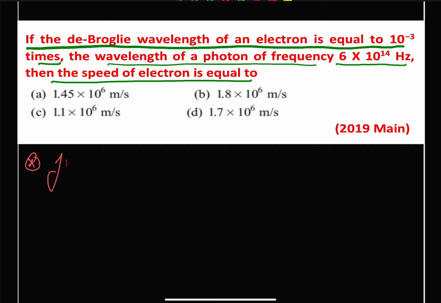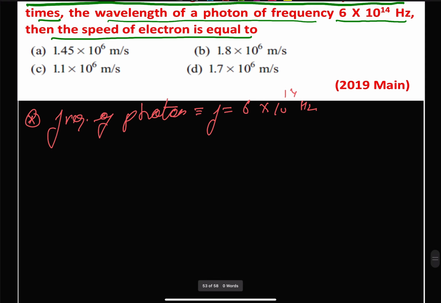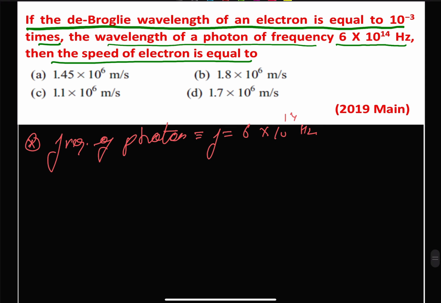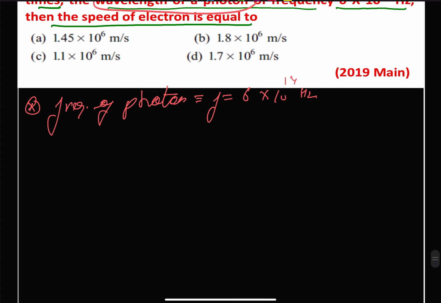Frequency of photon, that is our f, is equal to 6 into 10 to the power 14 hertz.